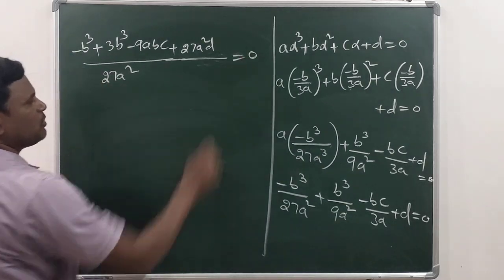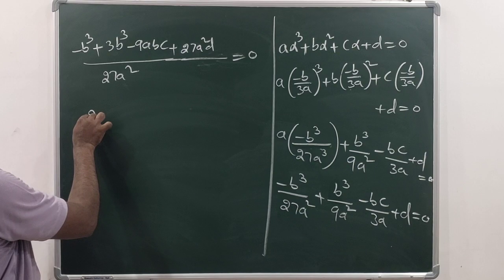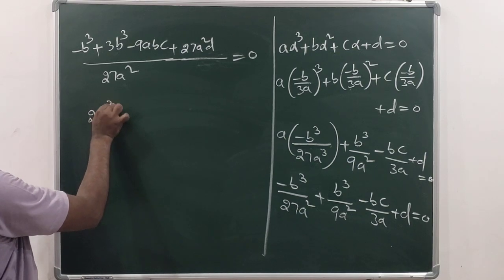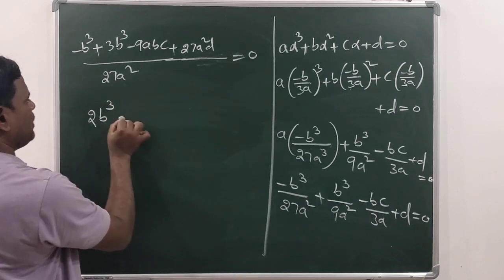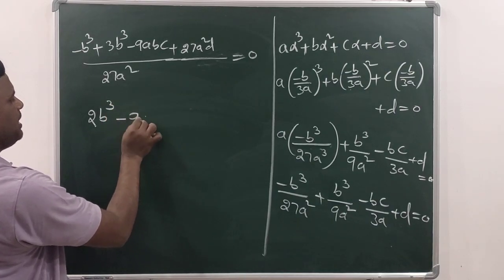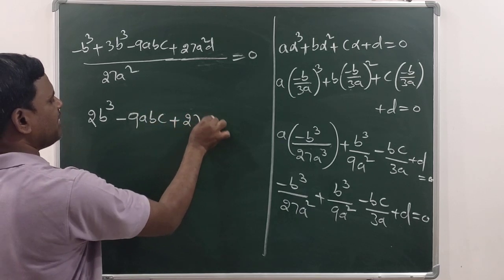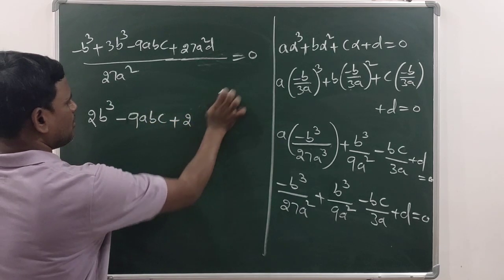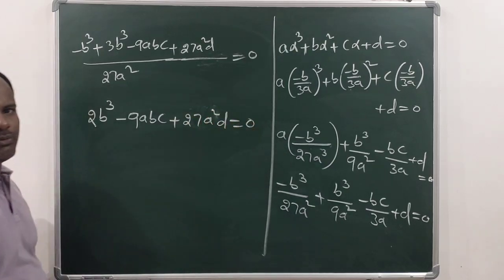Now transfer this one to the right side, and here these two are like terms. Here how much do you get? 2b cube plus, so transfer this one to the left side, minus 9abc plus 27a square d which is equivalent to 0.